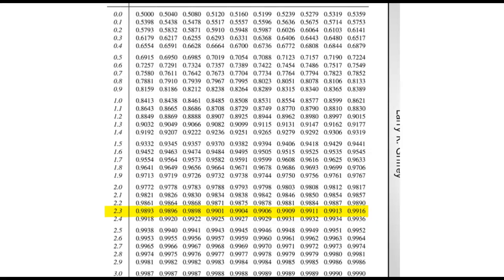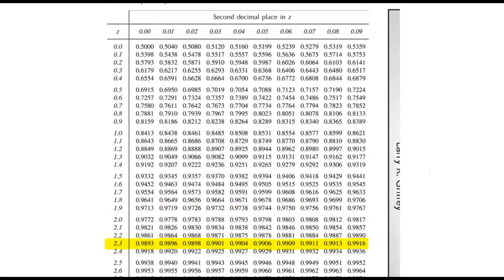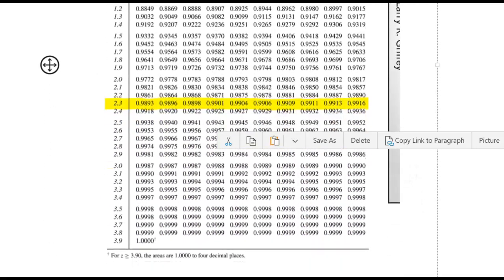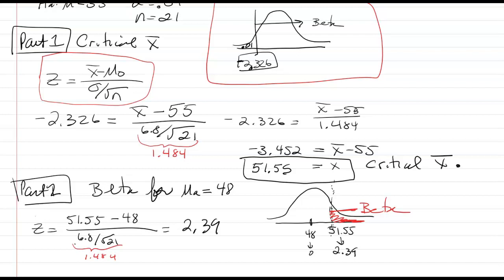So 2.39 gives us a value of 0.9916. But remember, this is the area in this direction, 0.9916. So this area here is 0.9916.